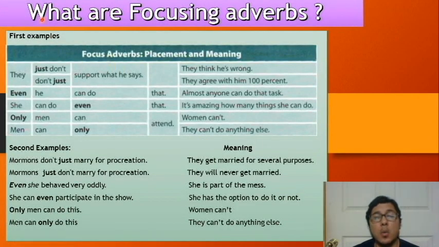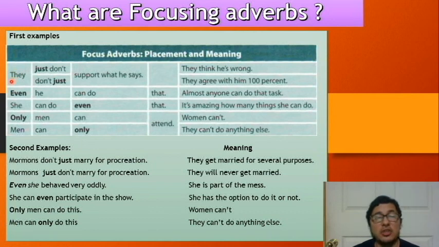Okay. What are focusing adverbs? Focusing adverbs are used to draw attention to a particular part of a clause. They frequently point to verb phrases. Let's go straight to the point. Let's analyze the first examples.